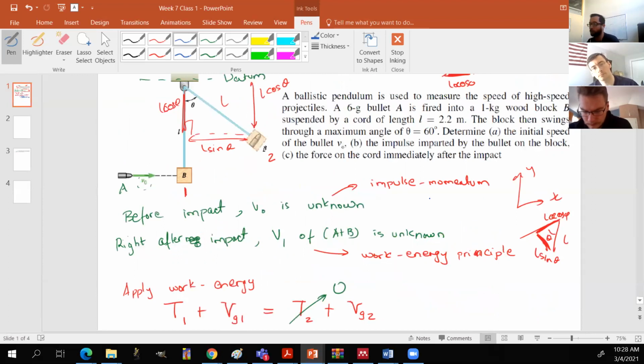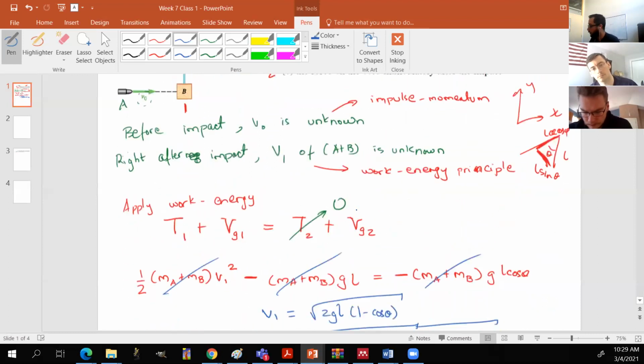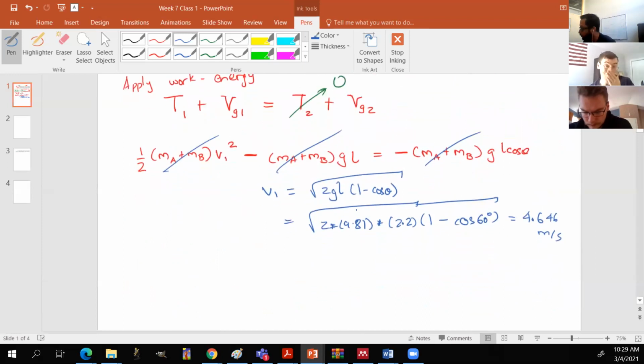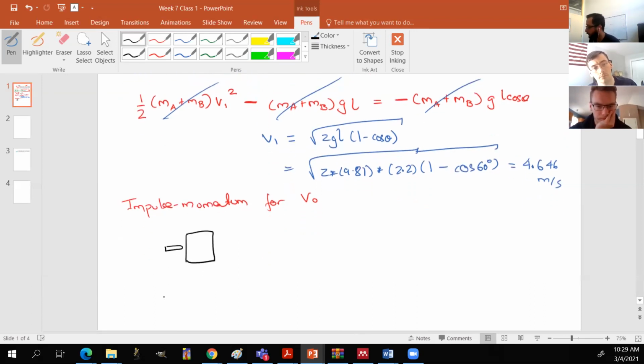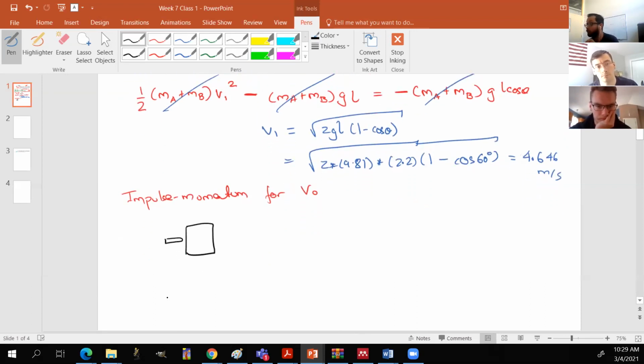And for that, I've got to use my impulse momentum issue. So with the impulse momentum, for V0, if you look at your diagram, you can do this straight away if you're comfortable with it, but just for explanation's sake: right before impact, you have the block and the bullet, and you're looking at the momentum of the system together.